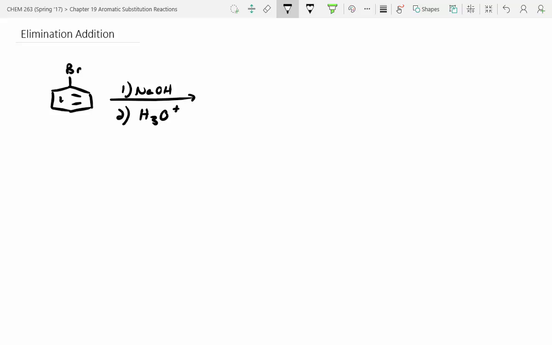So if we do this reaction, it won't work. Why not? No electron withdrawing group. Yeah, no electron withdrawing group. The ring's not deactivated enough. Okay. So what you can do is something else.